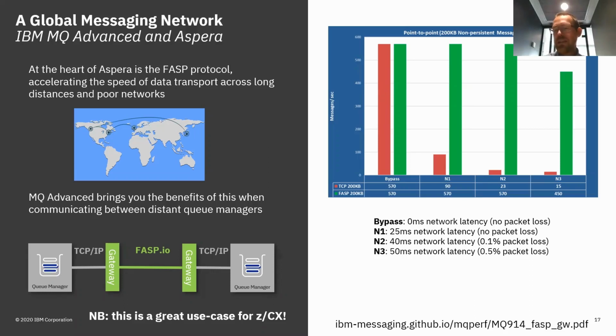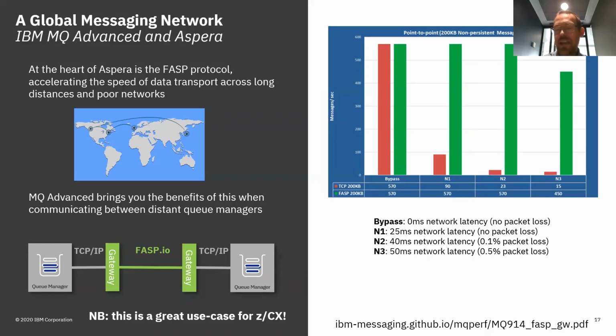But once you start to add network latency, and particularly once you start to add in packet loss, you can see that TCP/IP moves much slower, right? Because it's doing this throttling I mentioned and retrying and all the rest of it, whereas FASP carries on going pretty fast, even when it's getting a 0.5% packet loss.